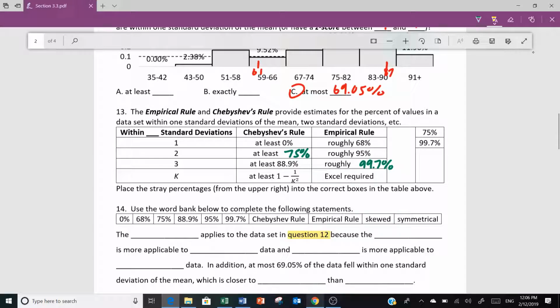This is a long question. I would fill in the last sentence first. I would say the blank applies to the data set in question 12, and then do the bottom.